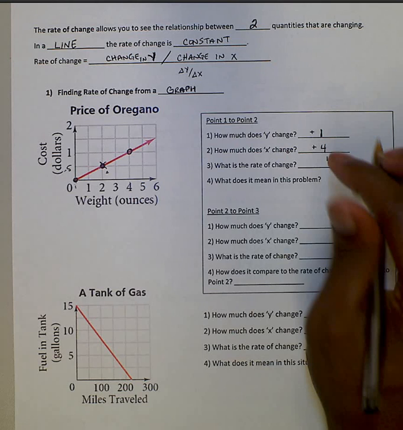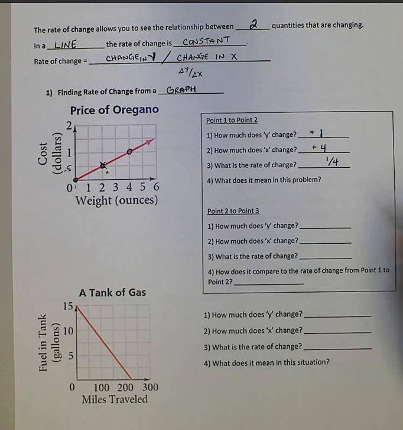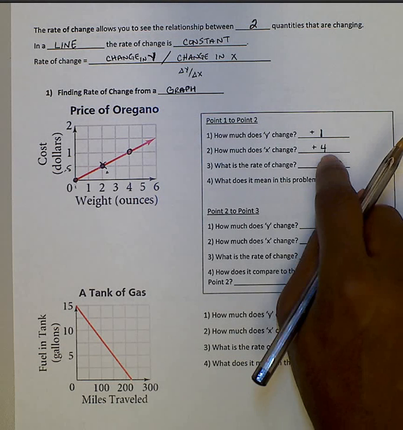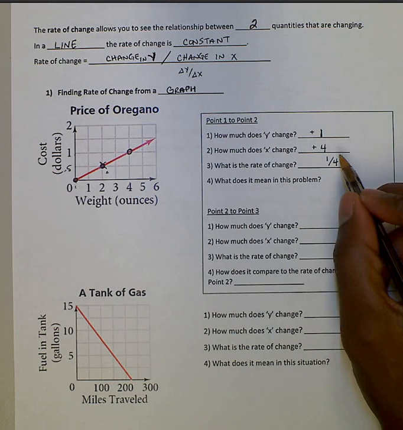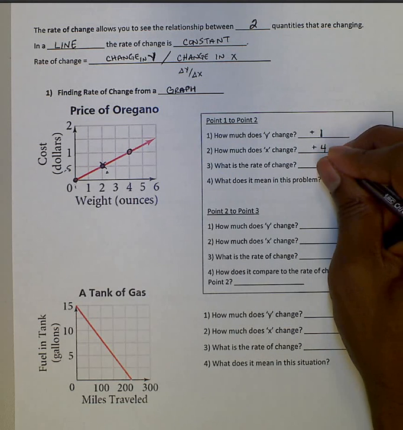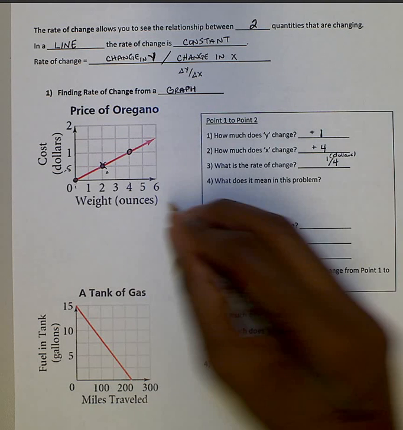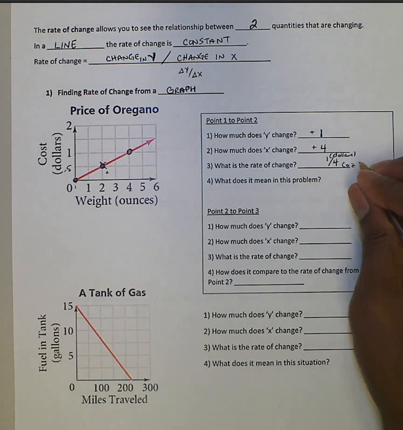And that's just a fraction, but for this situation, we want to know what it means specifically. Okay, you can usually do this by just looking at the units that are being measured. Y is being measured in dollars, and x is being measured in ounces. And so what does this mean?